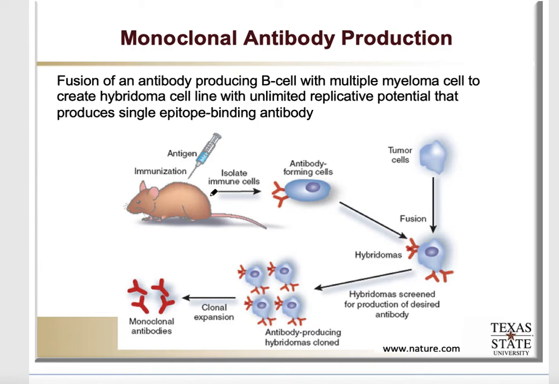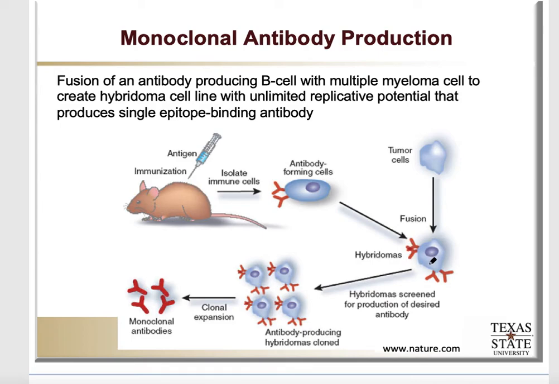You would then isolate actually the immune cells, let's say the B cells, which are the ones that are responsible for forming the antibodies. And once you collect those B cells from the animal, then you would fuse some of those cells with tumor cells, specifically multiple myeloma cells. And when you fuse those two, what you form is what's known as a hybridoma cell line.